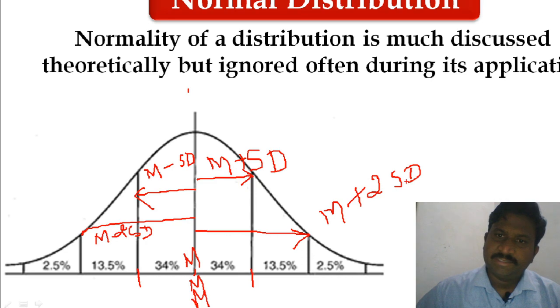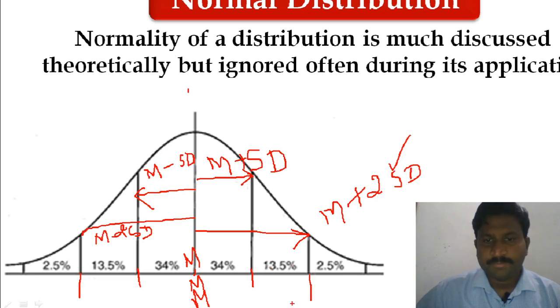SD stands for standard deviation, which we learned in video 5, measures of dispersion. So it is one of the measures of dispersion. You see, about 95% of the cases lie from mean minus 2SD to mean plus 2SD. Similarly, there is mean plus 3SD and mean minus 3SD. So this is all about the normal distribution.